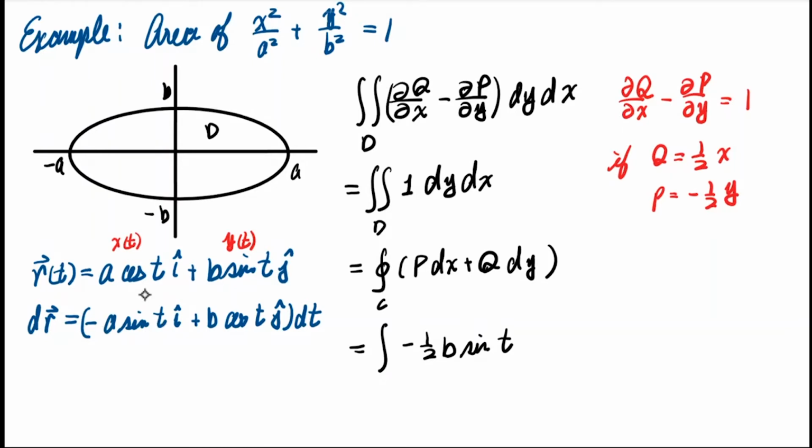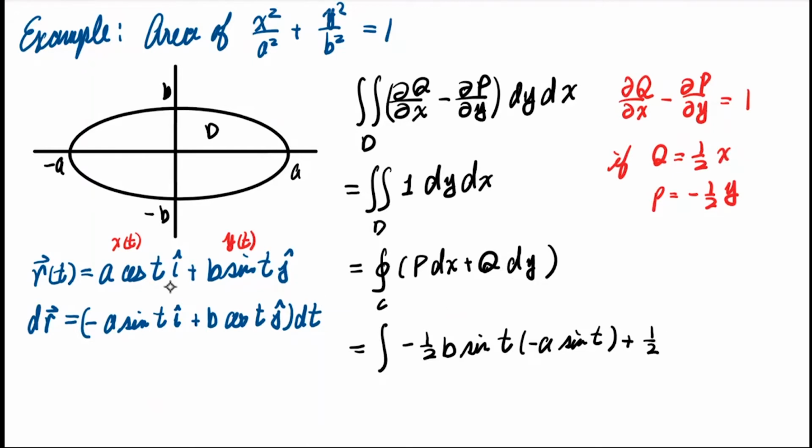Dotted with dx, which is this thingy, so -a sine t. You with me? This is a dot product, plus, and then your q is 1/2 x.